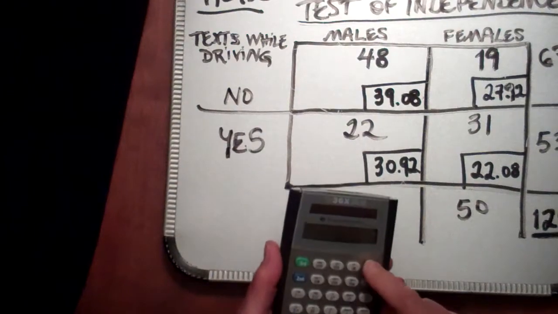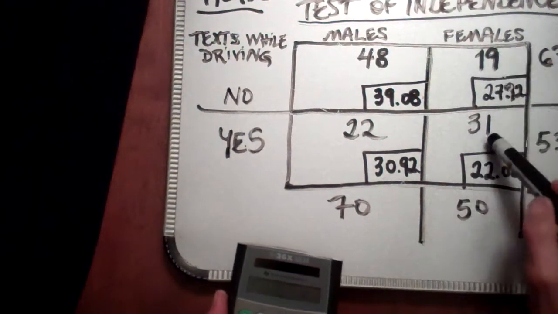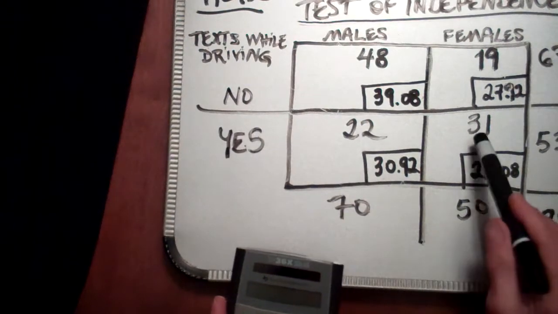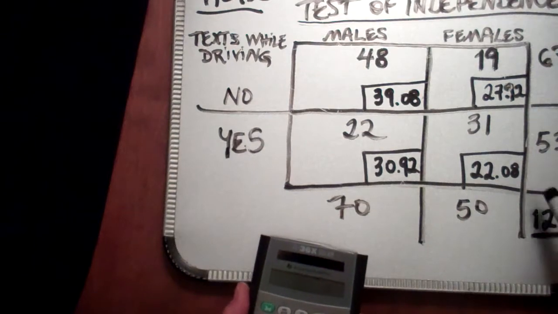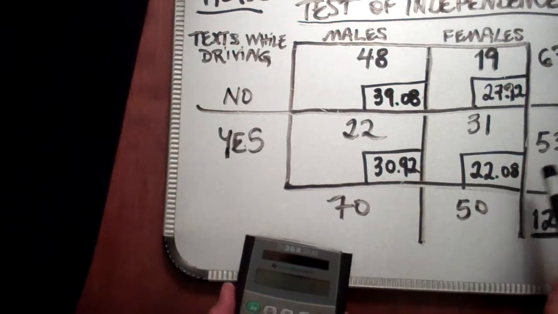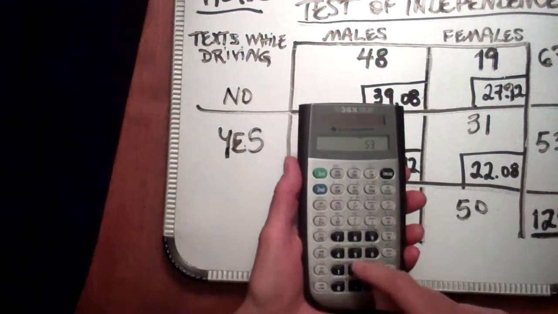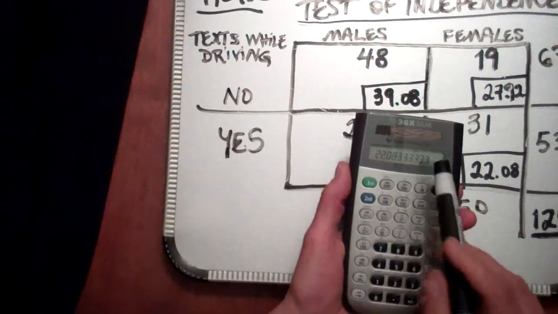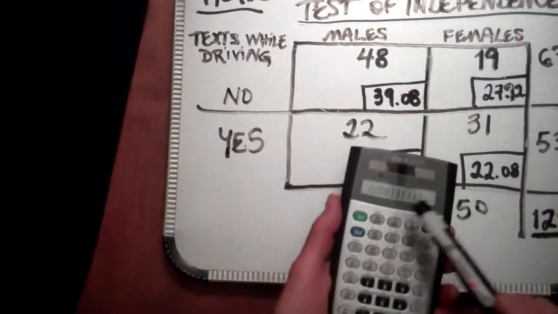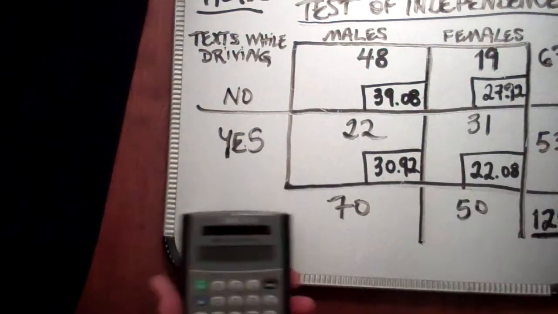Let's do this one. We've observed 31 females out of our 120 who say that they text while driving. If we want to know the expected frequency for this cell, we take 53 times 50 and divide that by 120, and that gives you 22.08. That is your expected frequency for this cell. That's how we got these numbers.